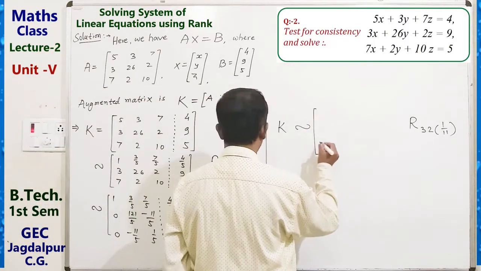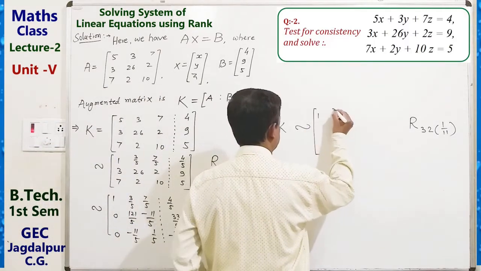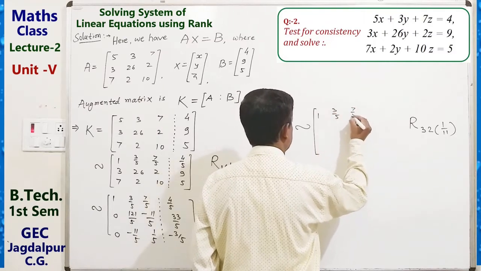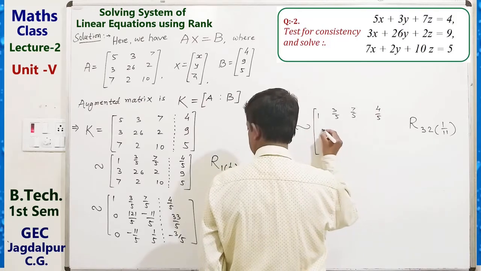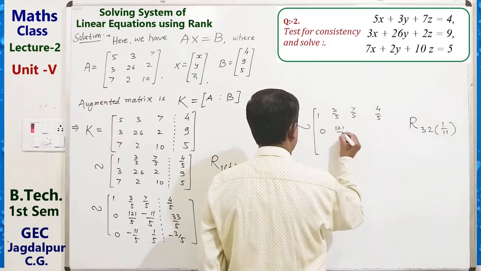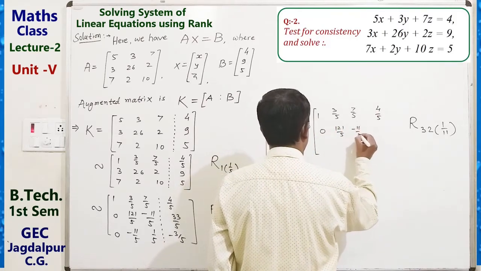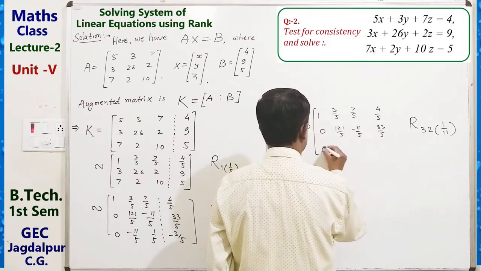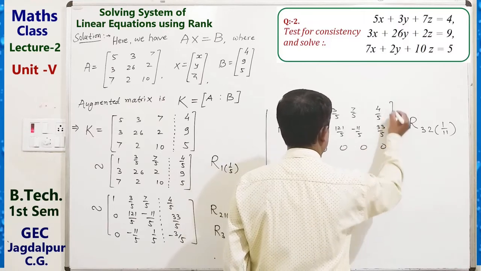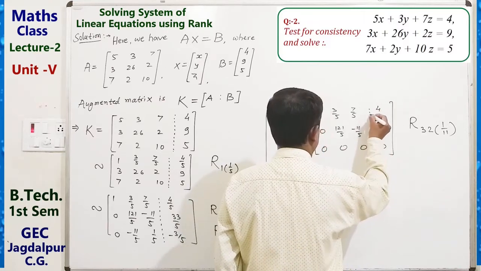So we get first 1, 3 by 5, 7 by 5 and 4 by 5. Here 0, 21 by 5, minus 11 by 5 and 33 by 5. And this 0, 0, 0, 0. Just we get like this.